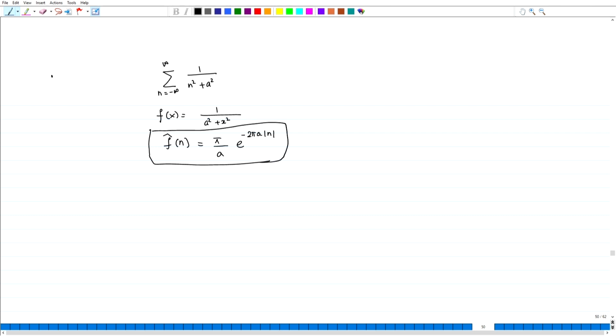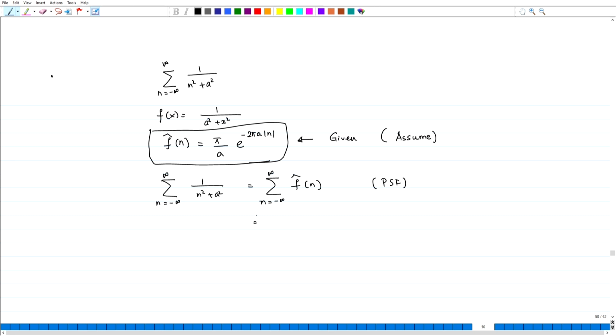This can be easily computed by residue calculus, but it is given, or you can assume this to be true. Now, once you can compute this f hat of n, then by the Poisson summation formula, the sum over n from minus infinity to infinity of 1 by n square plus a square, that is f of n, is equal to the sum over n of f hat of n. This is the Poisson summation formula.